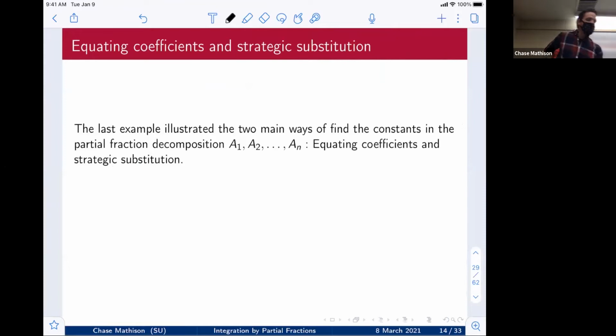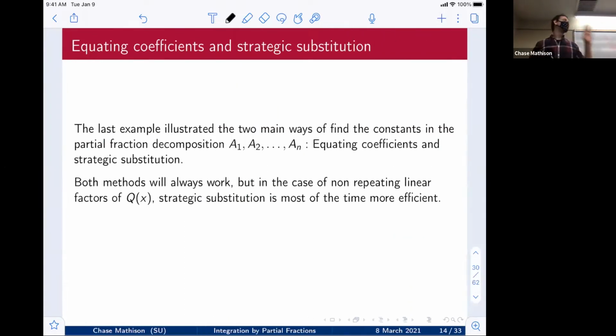All right, so that last example again showed the two main ways, not the main, like the only ways that we're going to find the constants in our partial fraction decomposition. And that's equating coefficients or matching coefficients and strategic substitution. Okay.